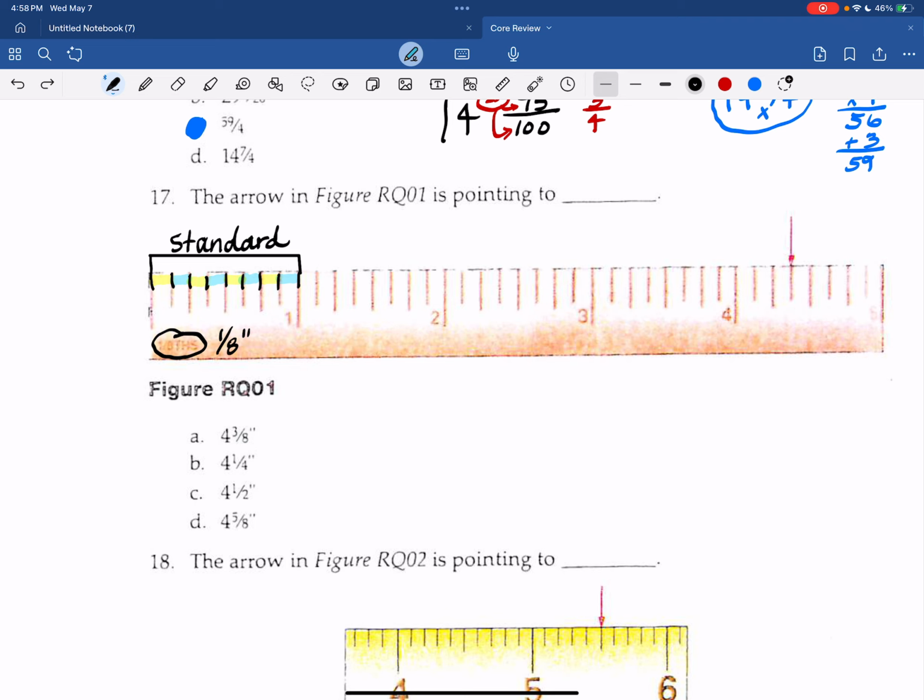It's an eighth of an inch scale. All right, so we're over here at 4, and there's 1/8, 2/8, 3/8. This is 4 and 3/8. And that is A as in alpha.